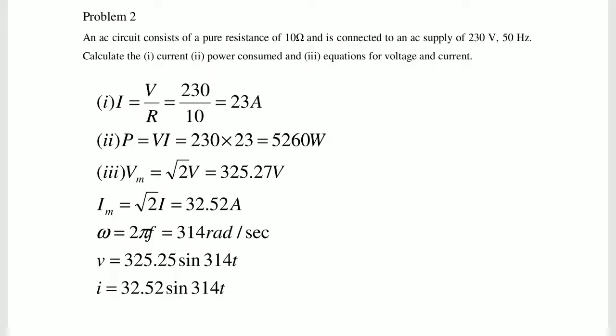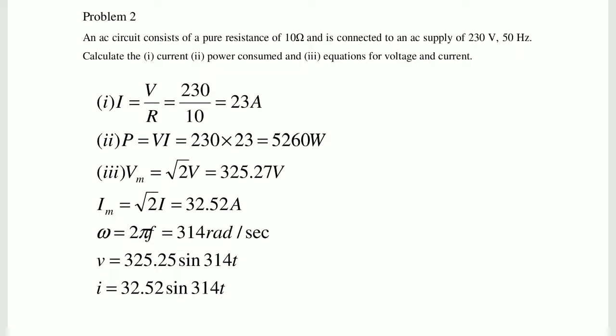Now we have to calculate the instantaneous equations of voltage and current. In general, instantaneous voltage v is equal to Vm sin omega t, and instantaneous current i is equal to Im sin omega t. In the instantaneous equation, we have to determine the maximum voltage Vm and also the maximum current Im.